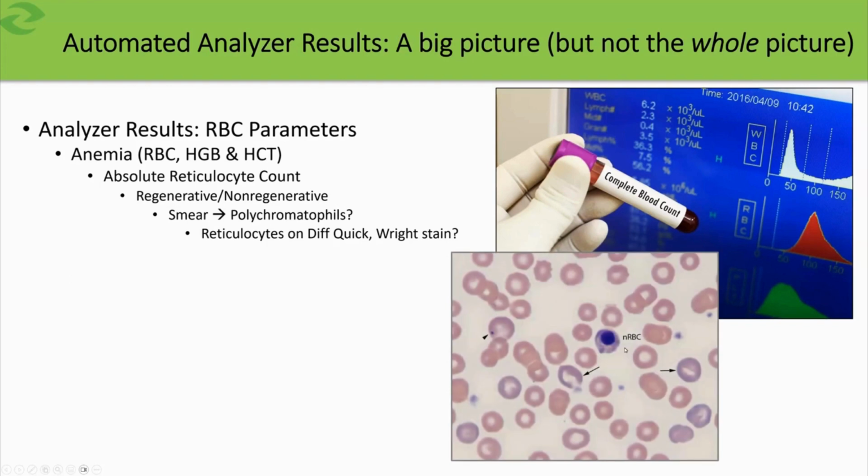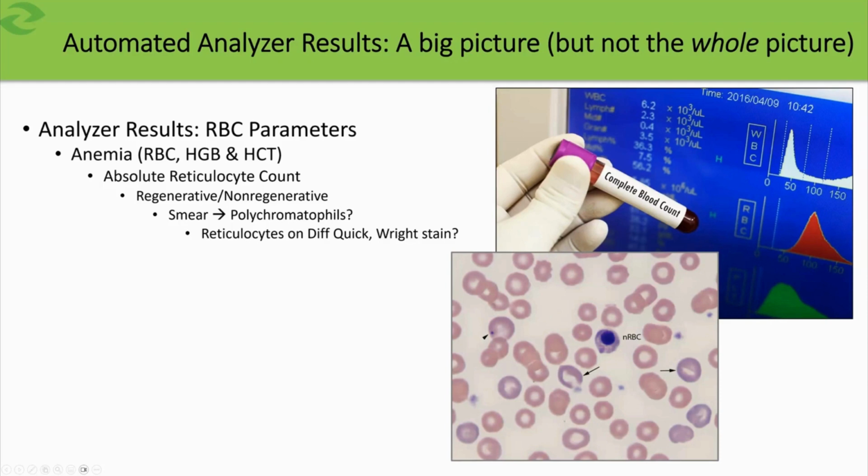So quickly on this image, the long arrows are pointing to the polychromatophils, and this is on a Wright stain smear. So we do have the red cells, and this is a nucleated red blood cell here. It's actually a metarubricyte. And then the other grayish blue cells that are present here are also polychromatophils.